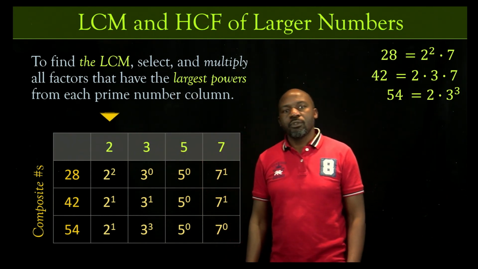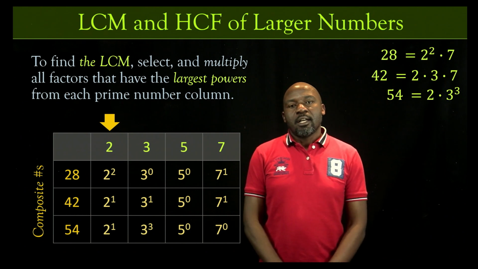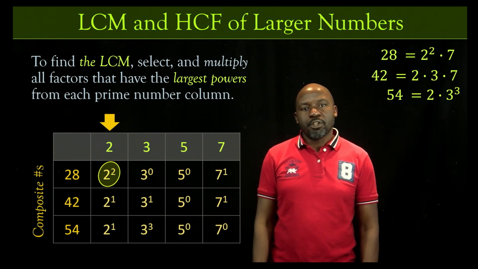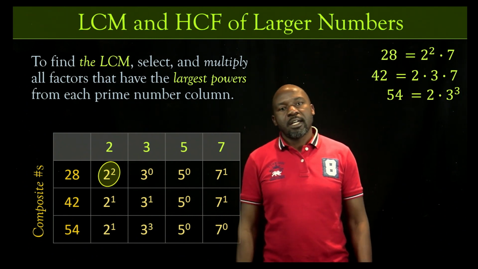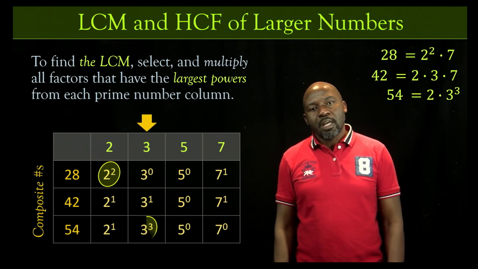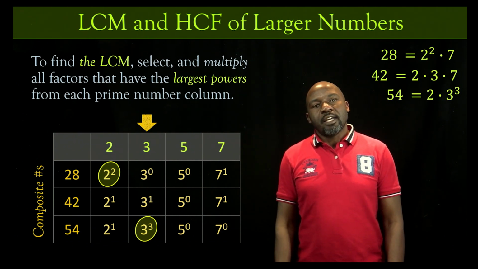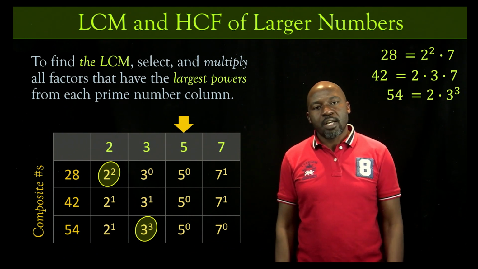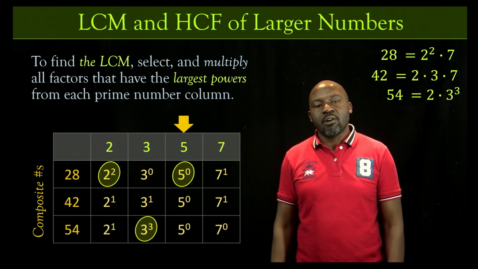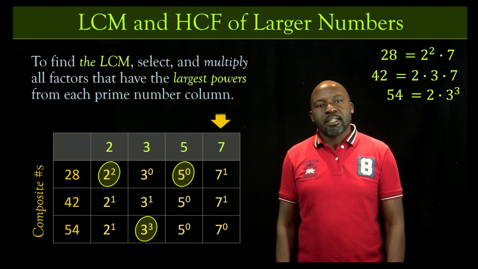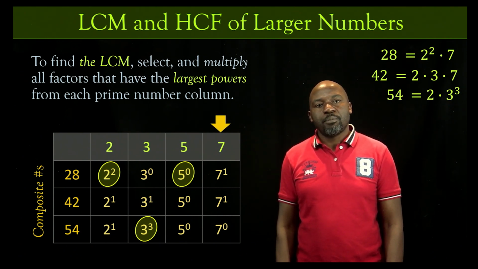Okay? So under the prime number 2 column, we pick the largest there, which is 2 power 2. And the next column, the highest power there is power 3, and so we go for that. The next column there, every one of the numbers there is 1, so we can pick any of the 3. And in the last column there, the largest power there is 1, and so we can pick any of them, any of the 2.